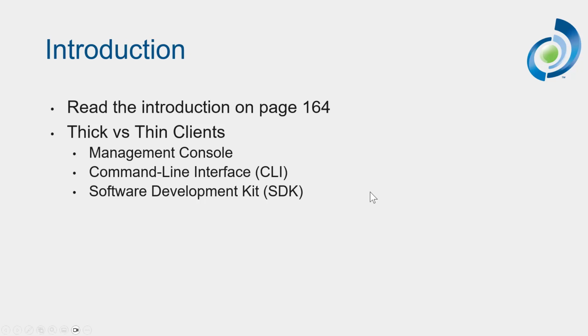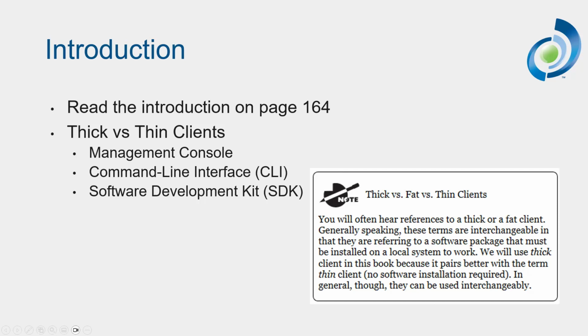If we're going to automate functions and we want to do things in the same way, very, very fast, then we would access it through a command line. In our management console, we're going to point and click. It's more like being in a nice little Windows environment, but command line is saying, I already know what I'm going to do. So go out, create this, do this, create this networking to this.